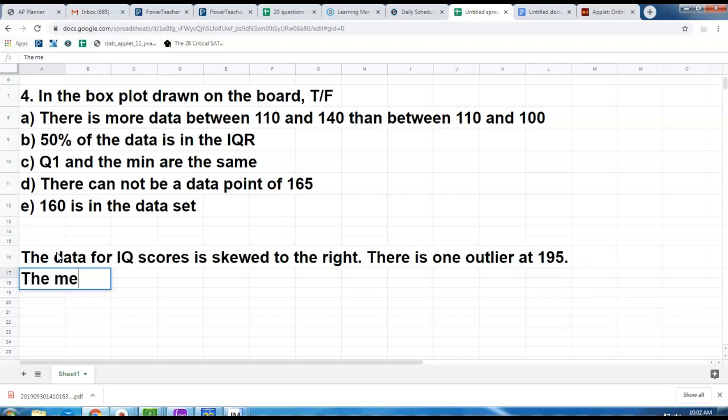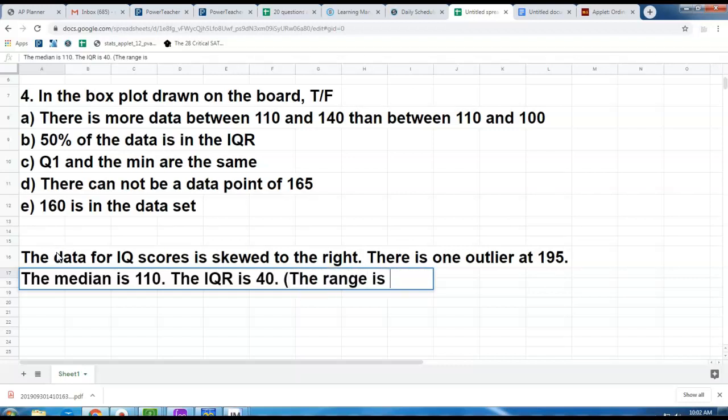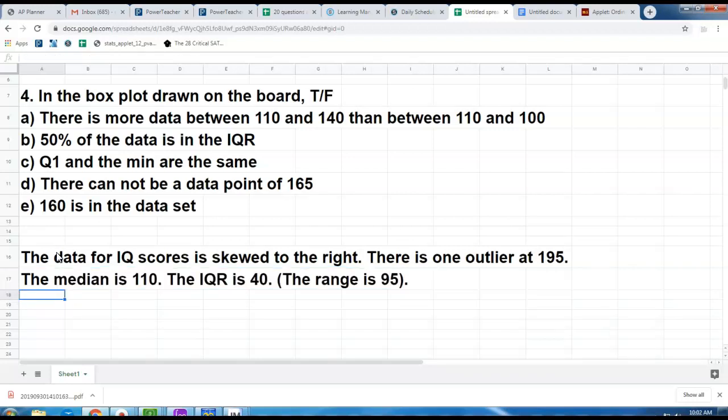Am I going to use mean or median? Median, because I don't know the mean. The median is 110. The IQR is 40. Or you could say the range is 95. But that would get you the full credit there. So you used context, you told me the shape, the outliers, the center, and the spread.